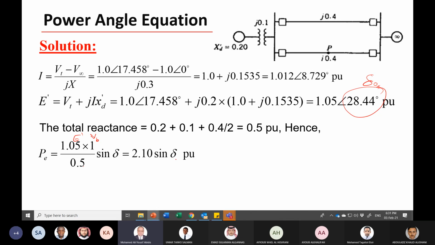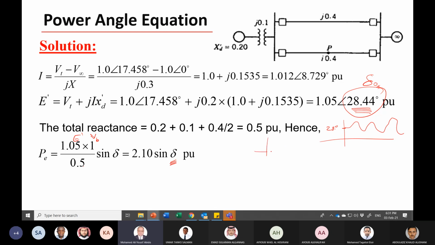And this delta varies, but at this operating point, the angle delta is equal to 28. But if we have any disturbance, this delta will change, and we are working here at 28 degrees. If we have any disturbance, this angle will go up and down, depending on the disturbance.